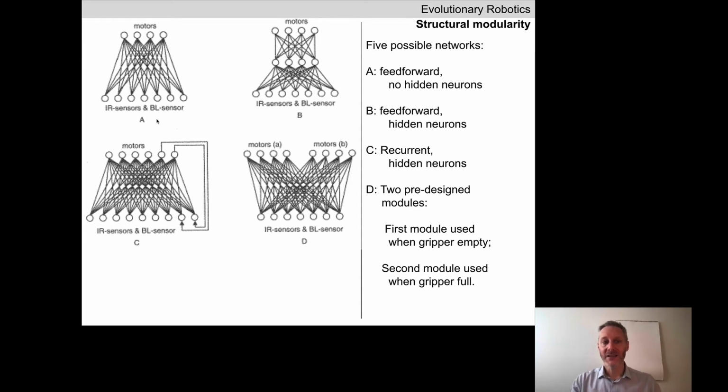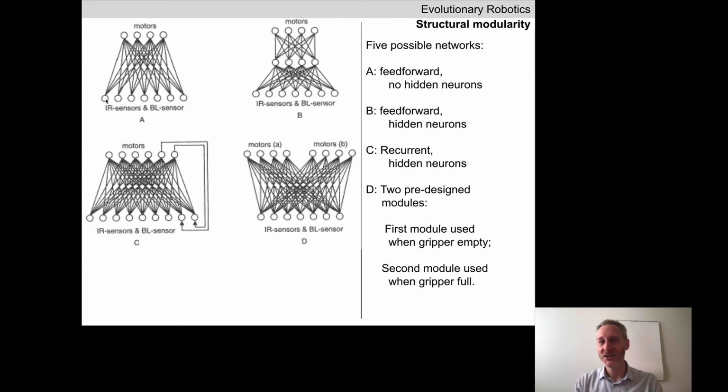Neural network A is the simplest one. We have the 7 sensor neurons down here, the infrared sensors and the light barrier sensors. The investigators are Italian, so this is light barrier in Italian, which I don't remember what it is. That's why it's BL and not LB. We have 7 sensor neurons, and here's our 4 motor neurons.